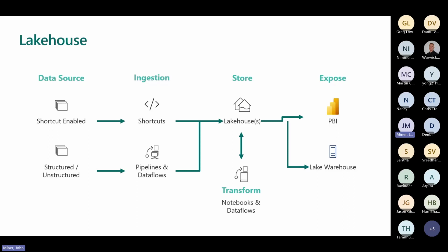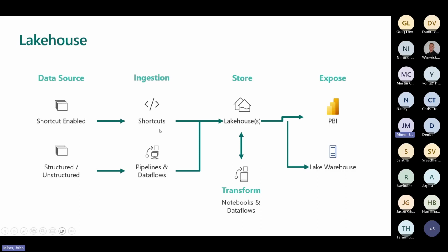So, not as good as SSIS, I have to say, but kind of like that, right? And then you had something called wrangling data flows. A wrangling data flow was the M language. It looked like Power BI or Power Query, really specifically. Out of the two, Power Query was the only one that survived. So if you have data flows or mapping data flows, there's no migration path to get them in here. You're going to have to rewrite them.